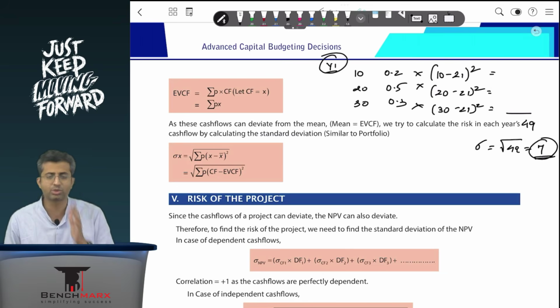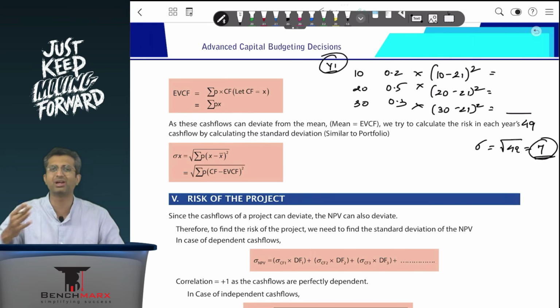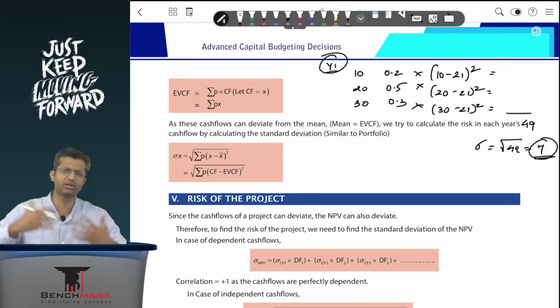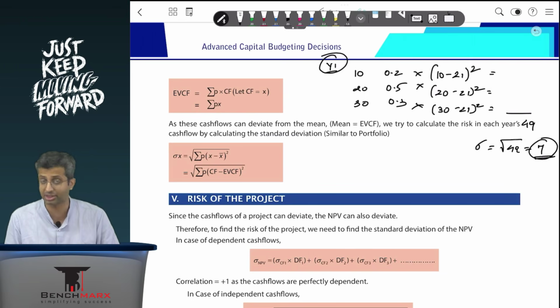So what one needs to remember is, like there is a portfolio where there can be multiple securities, in a similar way there can be a project where there can be multiple years. Now in each of the years there will be a separate standard deviation of, let's say, 7 in the first year, 7 in the second year, 7 in the third year, as the case may be. Like in a portfolio, you can calculate portfolio standard deviation. In a similar way, over here, you want to calculate the standard deviation of the project.